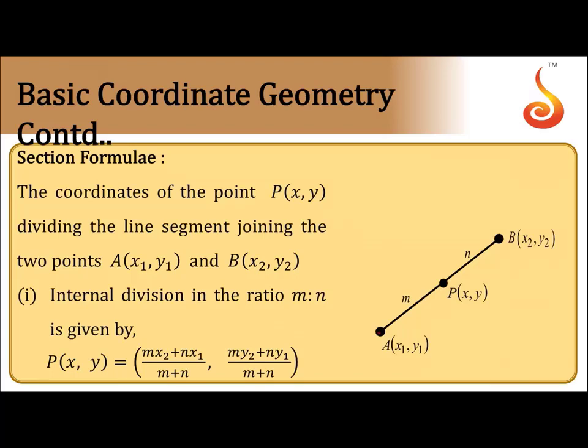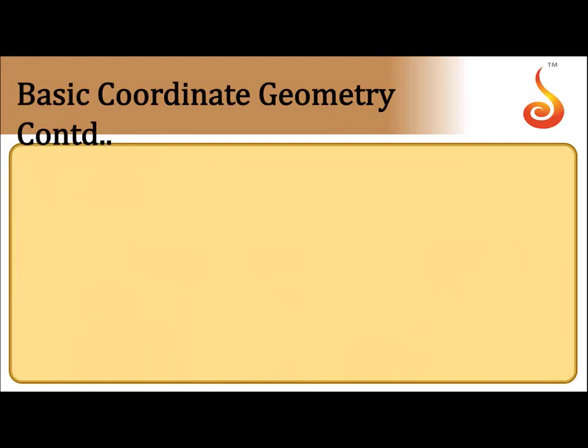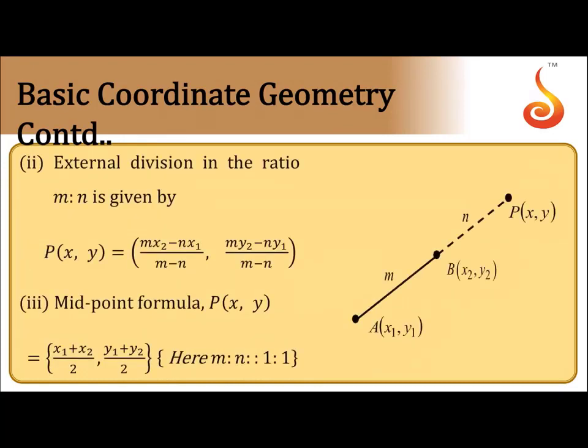The next one is the section formula. If P is any point which divides the line joining the 2 points A and B in the ratio m is to n internally, then the point is (mx2 plus nx1) by (m plus n), (my2 plus ny1) by (m plus n).